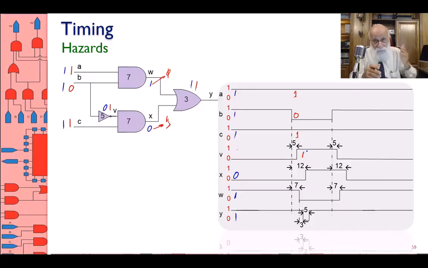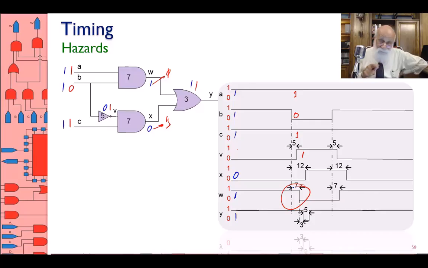Logically, when B changes to 0, V changes to 1. But if you consider the time delays, that doesn't happen immediately. It takes 5 nanoseconds for V to become 1. At the same time, when B becomes 0, 7 nanoseconds after that, W becomes 0.